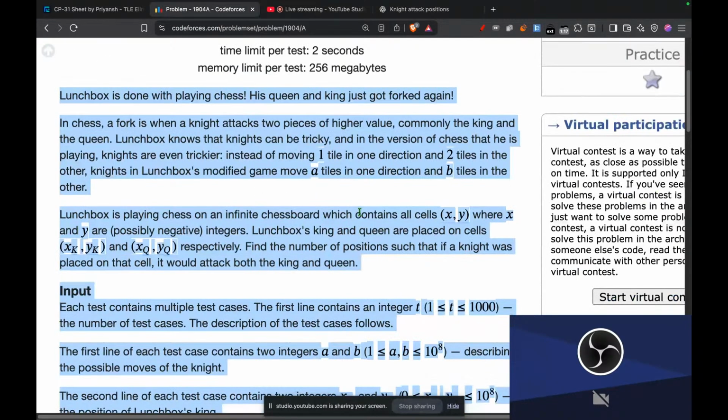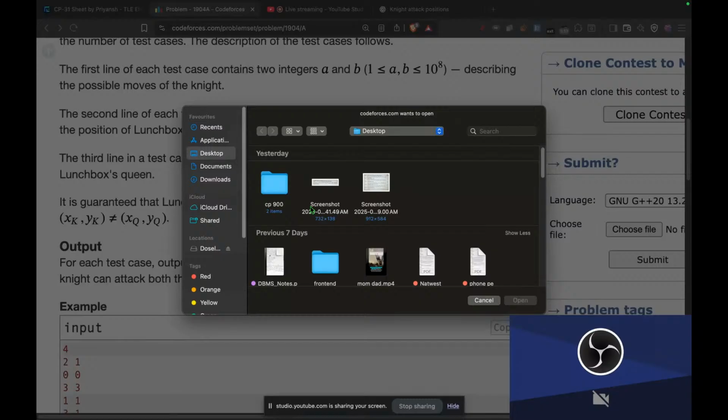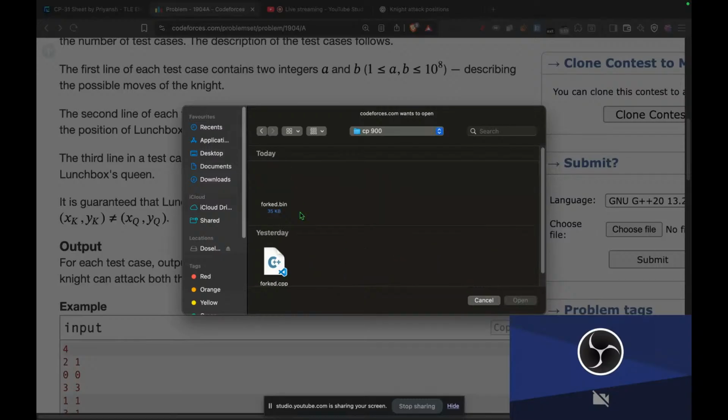So let's try to submit the submission which is from CP900.